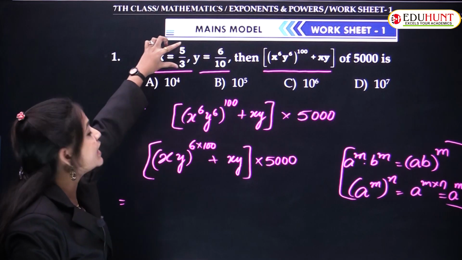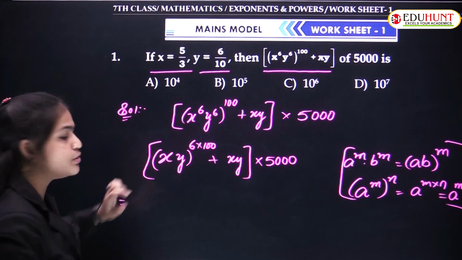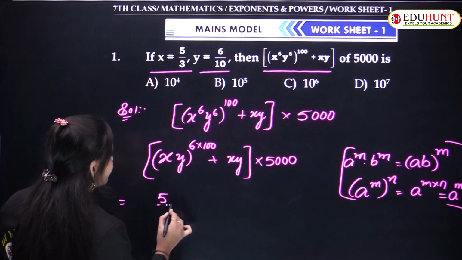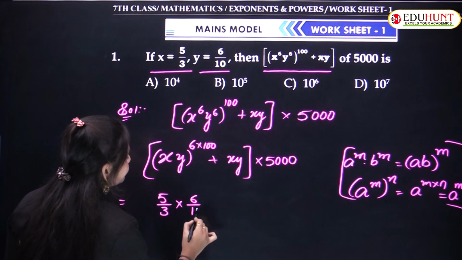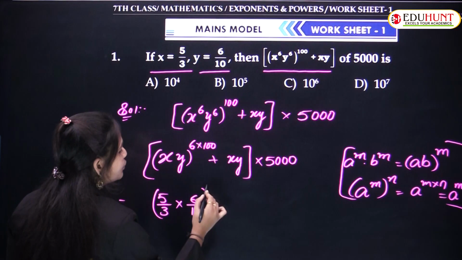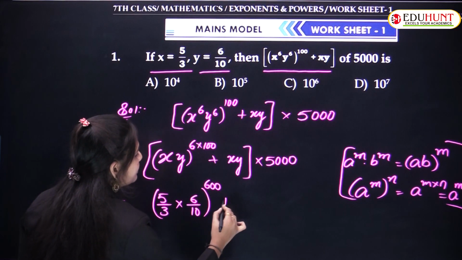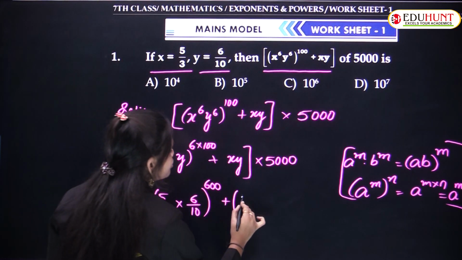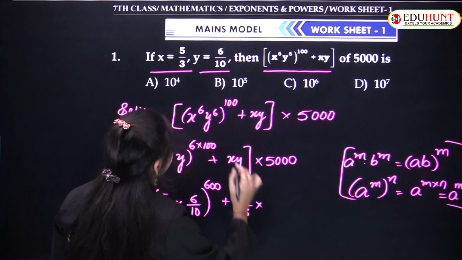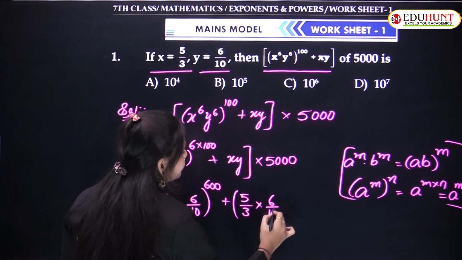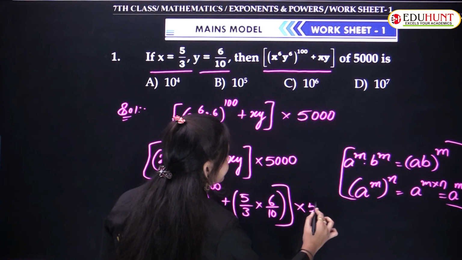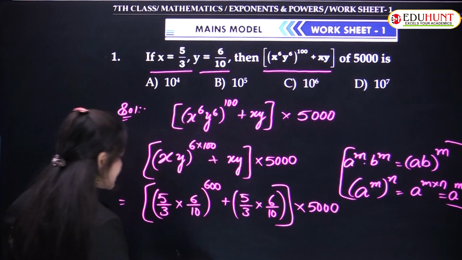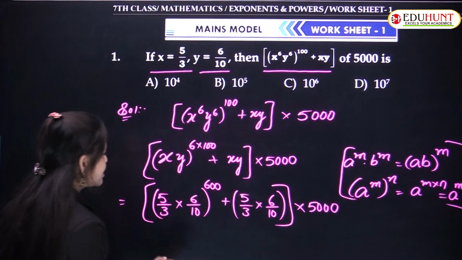They gave 5 by 3, so substitute 5 by 3 into y, which is 6 by 10, whole power 6 into 100 is 600, plus again x equals 5 by 3 into y equals 6 by 10, into 5000.